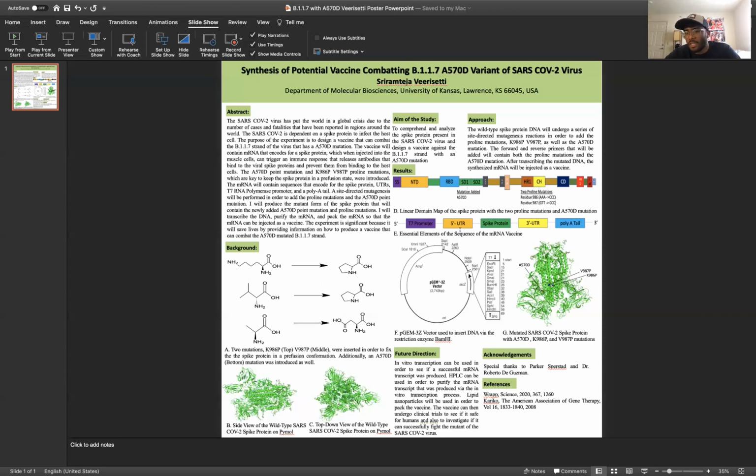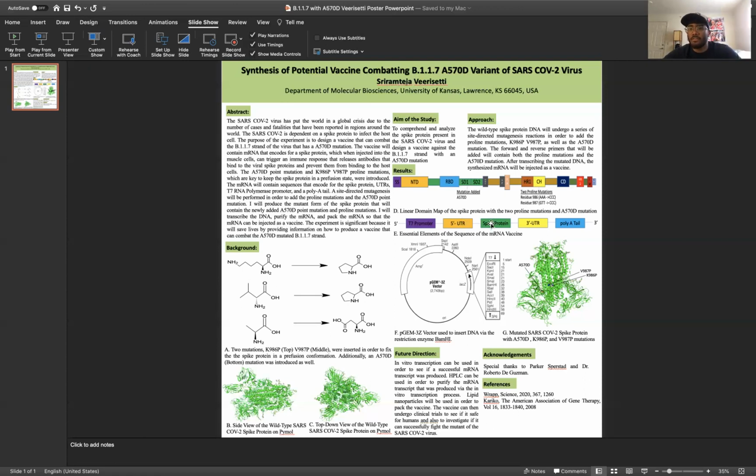If we look at figure E, these are the elements of the sequence of the mRNA vaccine. So we have the T7 promoter sequence, which is responsible for the T7 polymerase, which is going to transcribe our DNA. We have the 5' UTR, which is important because this is where the ribosomal binding site will occur for translation to occur.